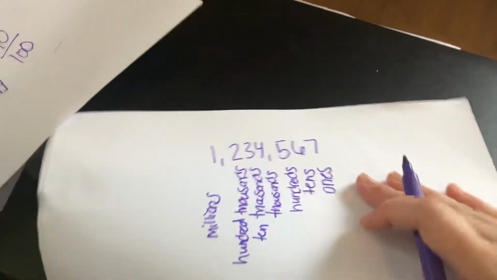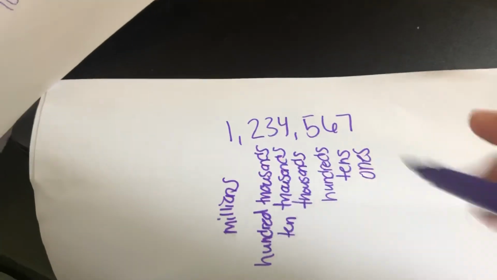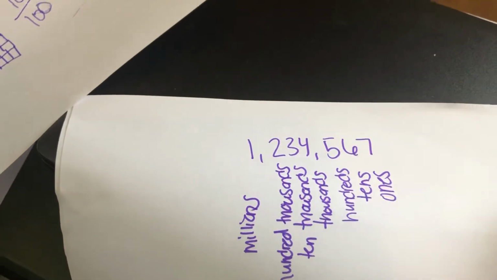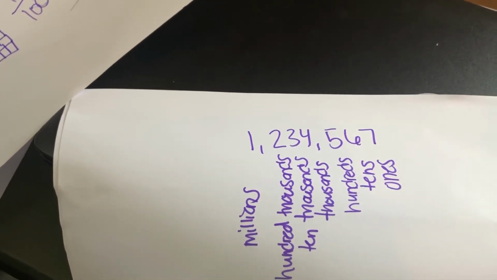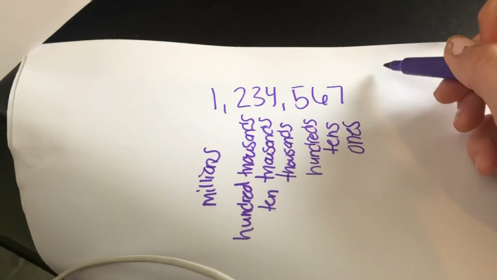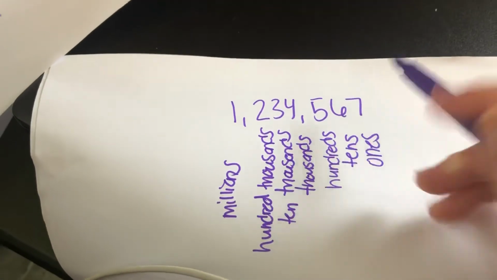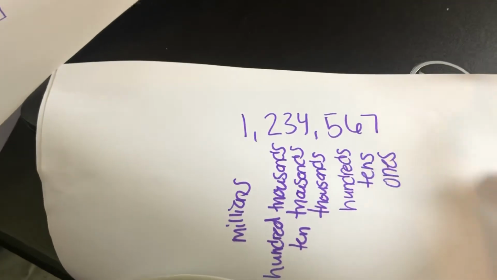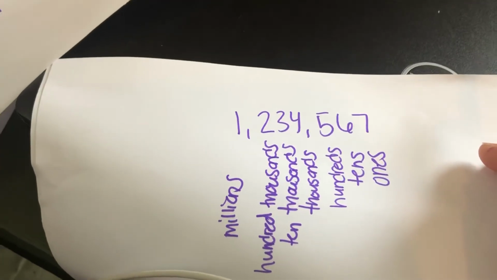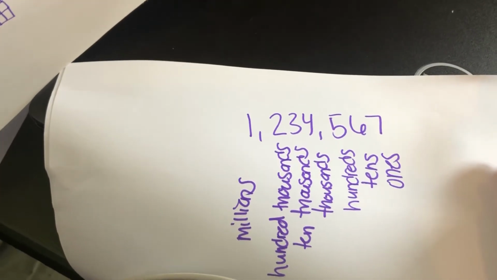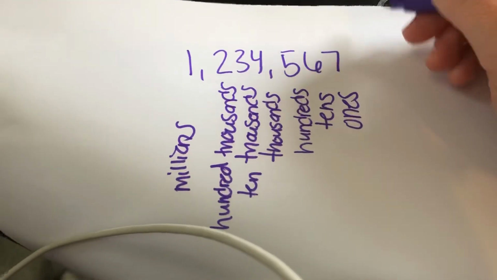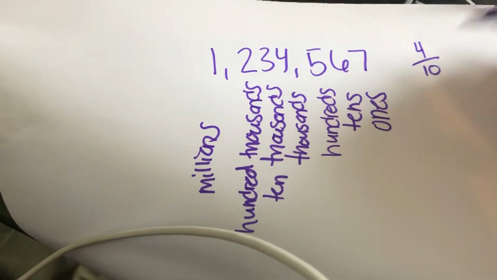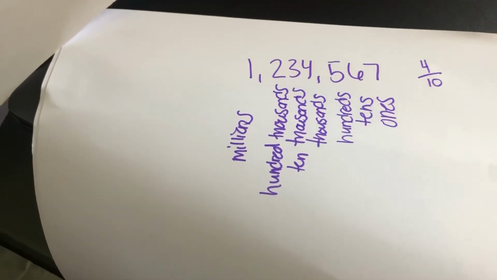Okay, so then what happens if the number is less than 1? Well, we can either write it as a fraction. So we can say we have 1,234,567 and 4 tenths of something.